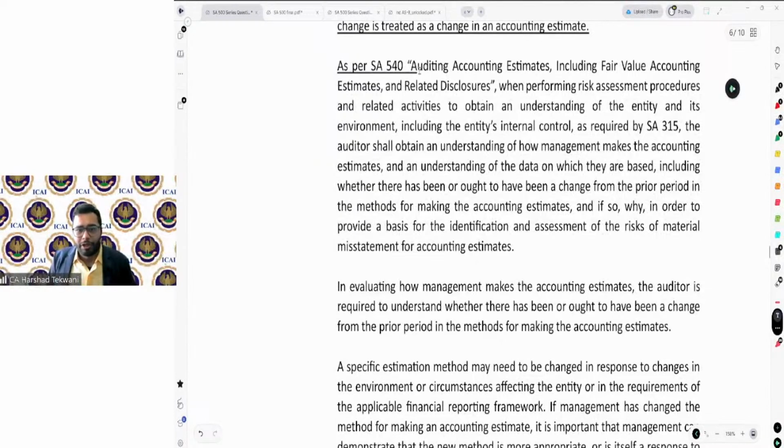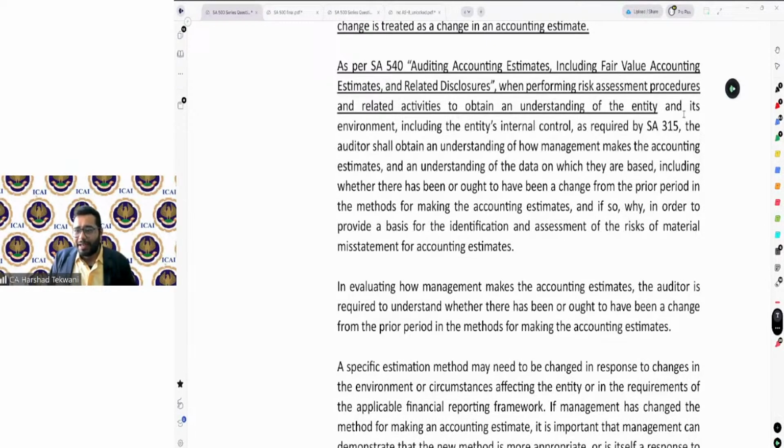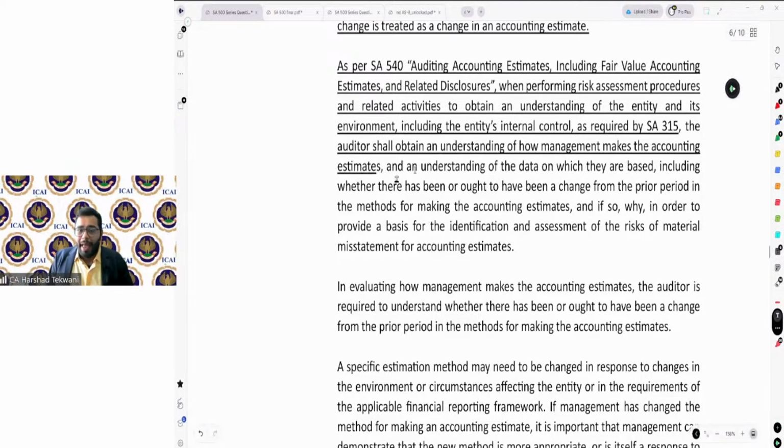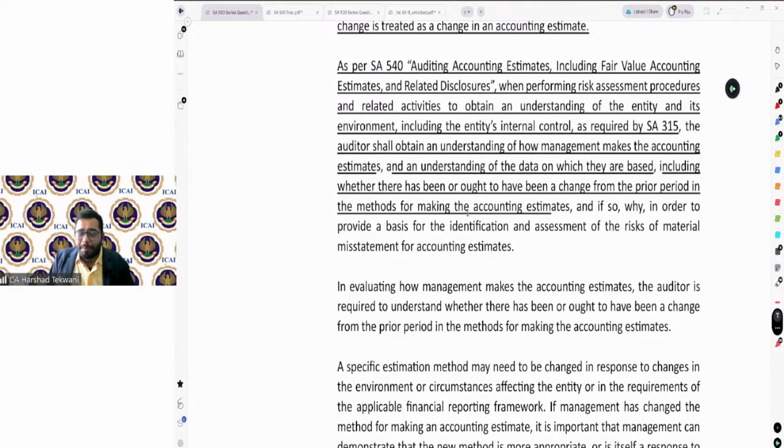But as per SA 540, when performing risk assessment procedures and related activities to obtain understanding of the entity and its environment, including entity's internal control as per SA 315, the auditor shall obtain an understanding of how management makes accounting estimates, an understanding of the data on which they are based, including whether there has been or ought to be a change from the prior period in the methods for making accounting estimates.